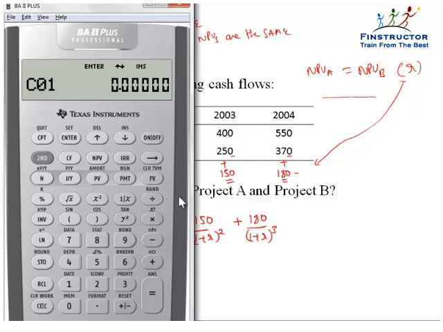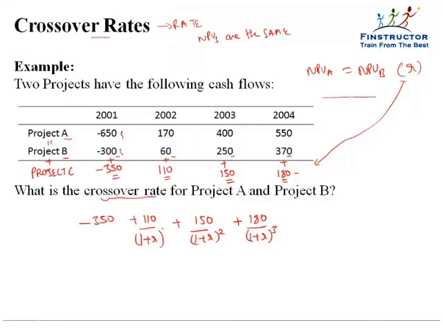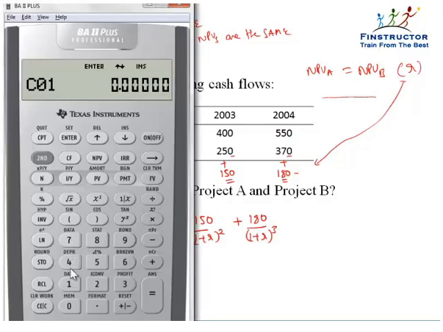Scroll down. The difference between the first year's cash flows is $110. So press 110 and press enter. Scroll down. The second year's cash flows differ by $150 and $180 for the third year.